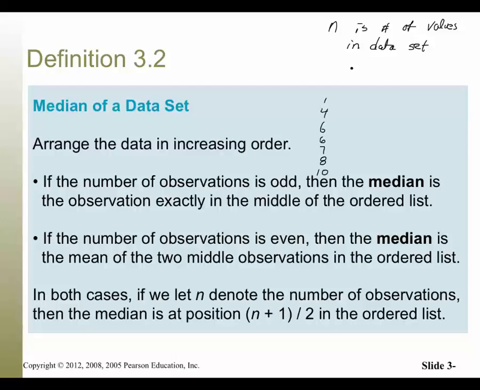In this case, n equals 7. So we take 7 plus 1 over 2, and that's 4. So the fourth data value will be the middle value: 1, 2, 3, 4. Which makes sense because that leaves 3 that are less and 3 that are greater. So that's the median.